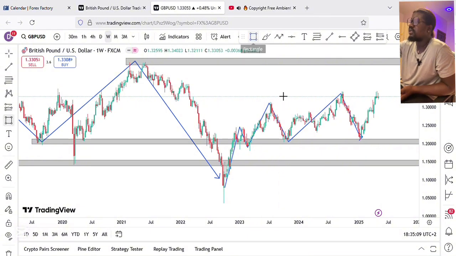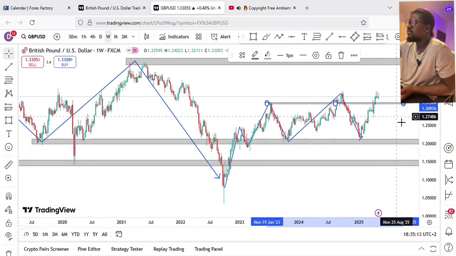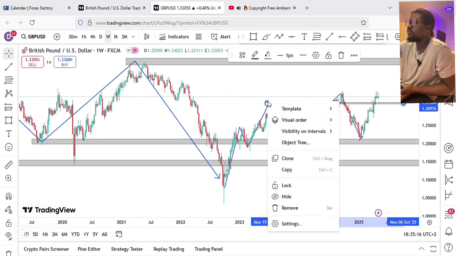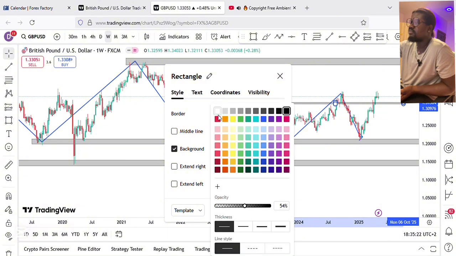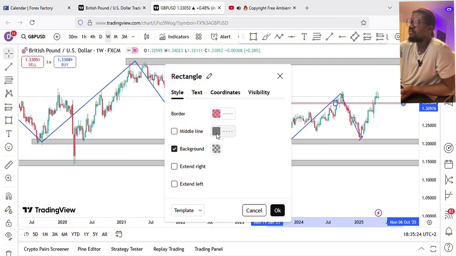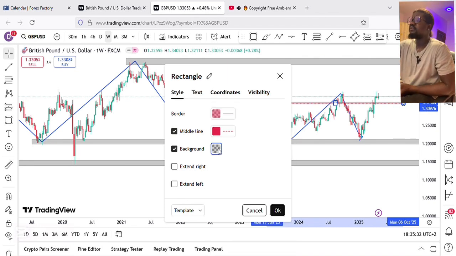Okay, so we take a rectangle. We stretch it out, indicating a market structure on the weekly time frame. I think we should change the color. Let's see something like red. Okay, middle line, red. Let's make it red.